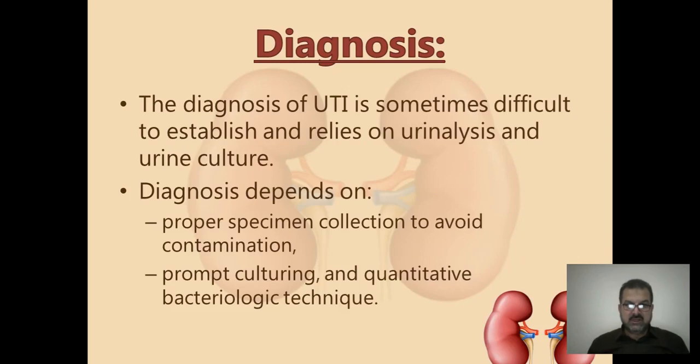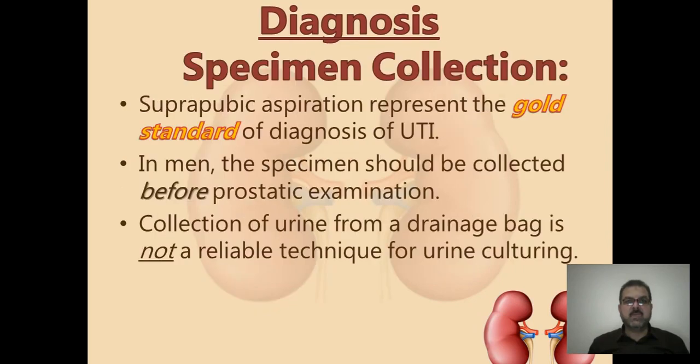Proper specimen collection is needed to avoid contamination, and if culture is indicated, do the culture as soon as possible. The gold standard for getting a urine specimen is suprapubic aspiration, and second line is transurethral insertion of a genitourinary catheter to get a specimen or sample.